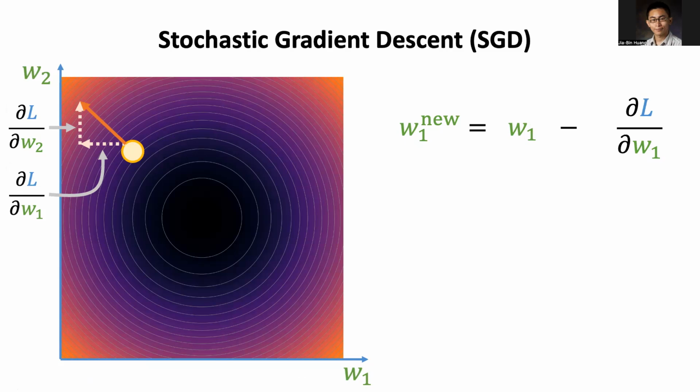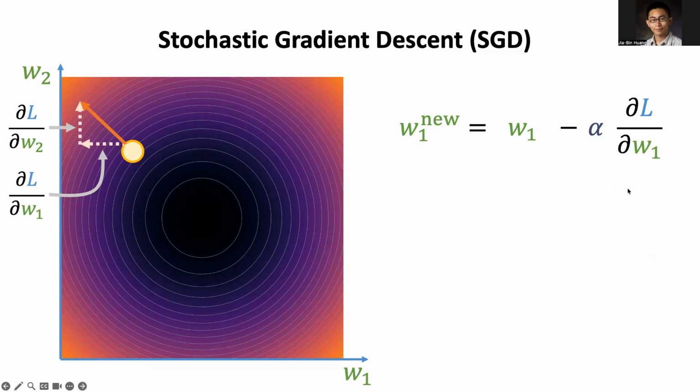Take W1 minus this gradient. But because the gradient is sometimes large, if you just directly subtract it, your gradient calculation is only based on local regions, and your loss function could be very complex. So that's why you want to multiply by a small number.